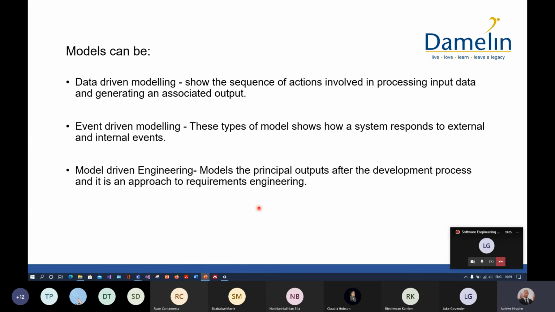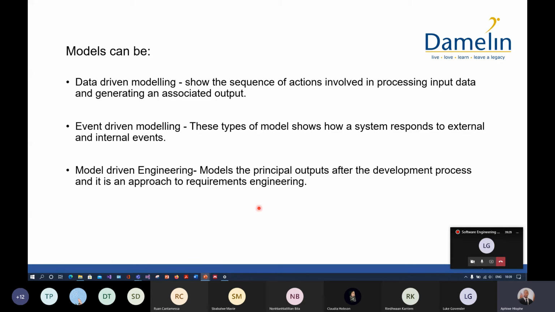So from what we've spoken about, we now know that models can be data-driven. They can also be event-driven. So when we're talking about data-driven modeling, these models show the sequence of actions involved in processing input data and generating associated outputs.